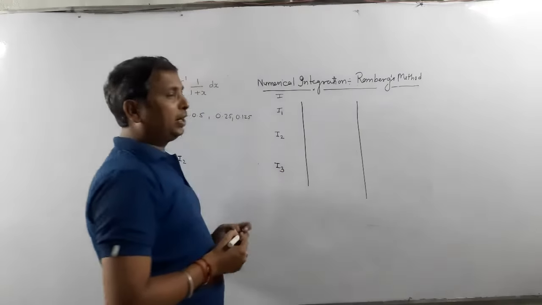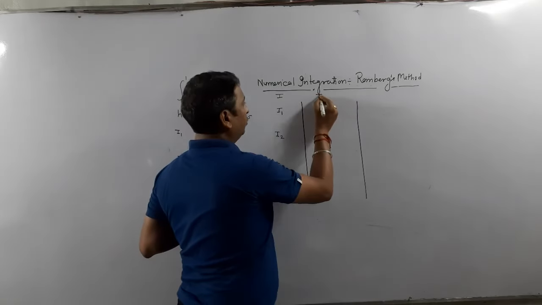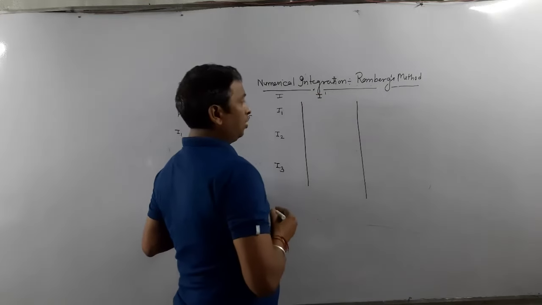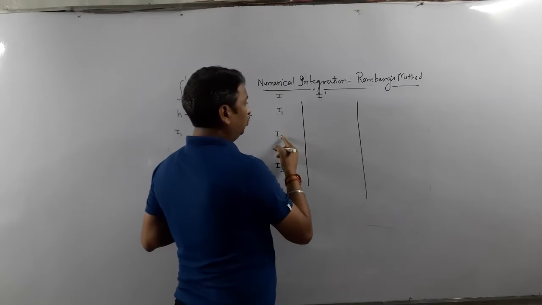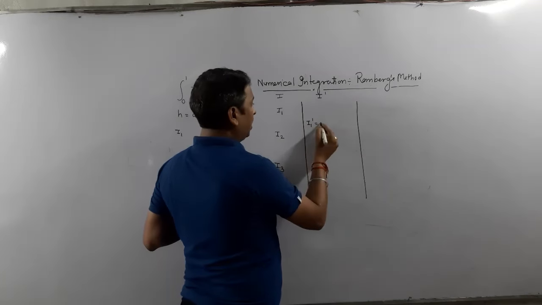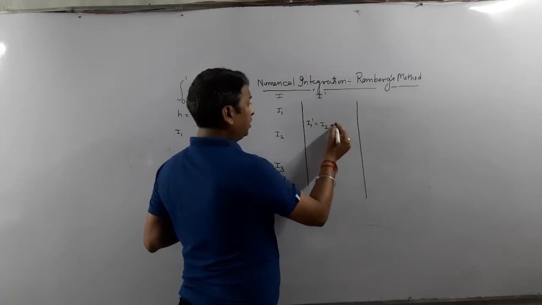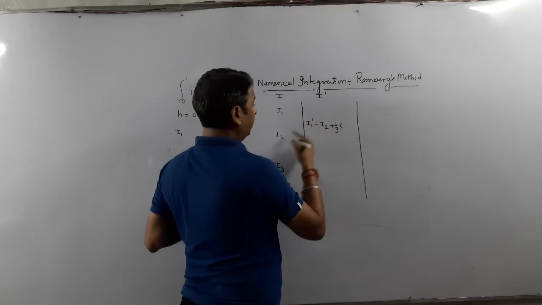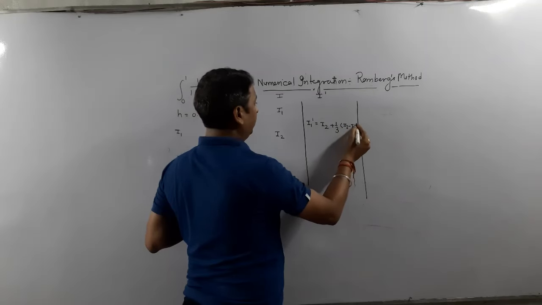Once you have calculated I1, I2, I3, your next part is to calculate I dash. What is I dash? For these two, it will come I1 dash, which is I2 plus 1 by 3 of I2 minus I1.